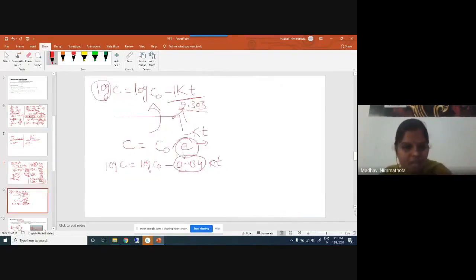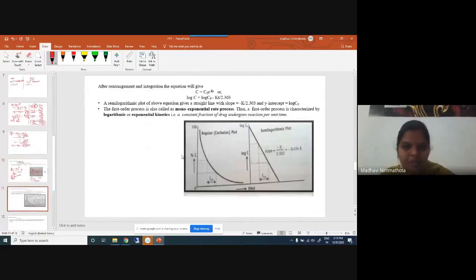And see here in this graph, after rearrangement and integration of the equation, your final equation of first order kinetics is this: log C is equal to log C naught minus K T divided by 2.303. Then a semi-logarithmic plot of the above equation will give a straight line.